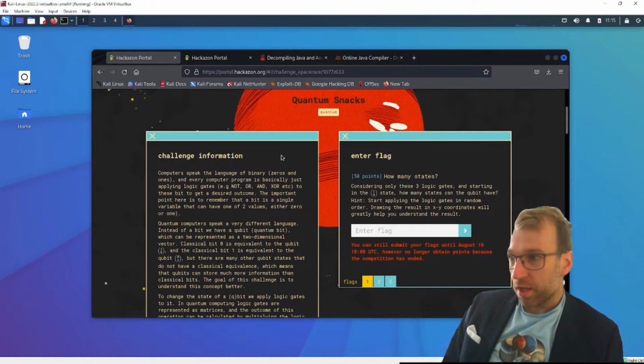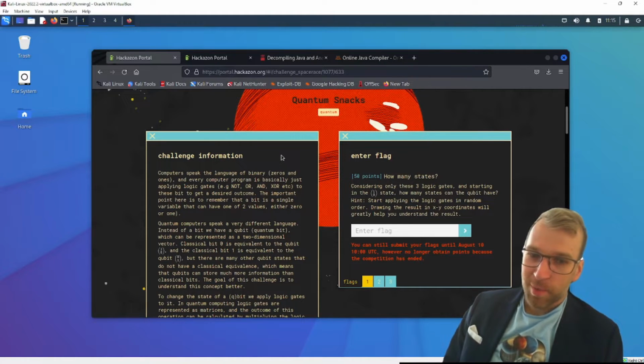Quantum computers speak a very different language. Instead of a bit, we have a qubit, a quantum bit, which can be represented as a 2-dimensional vector. Classical bit 0 is equivalent to the qubit 1 over 0, and the classical bit 1 is equivalent to the qubit 0 over 1.